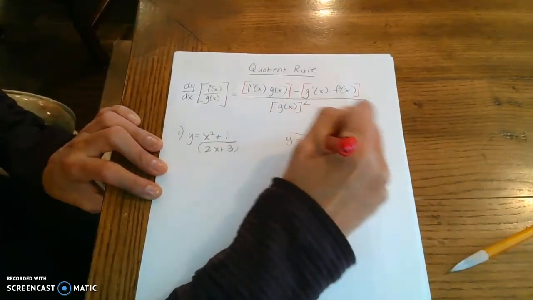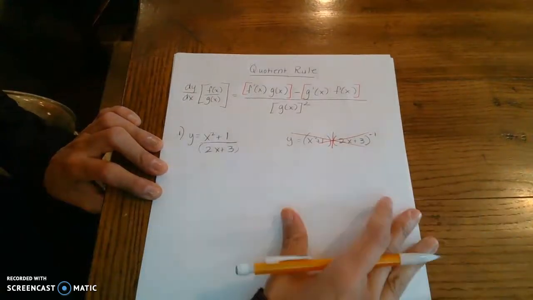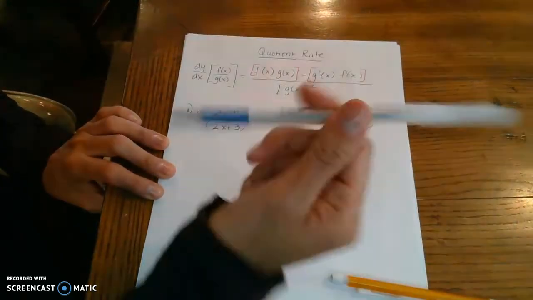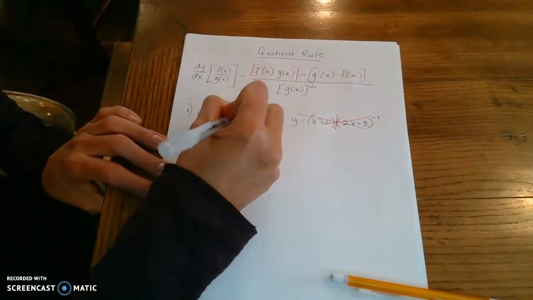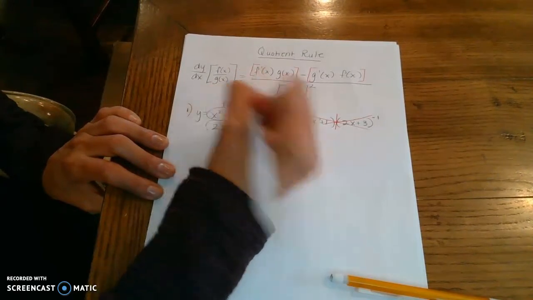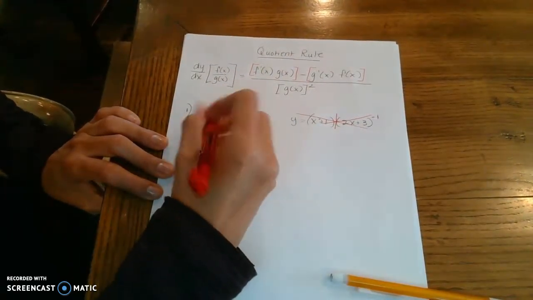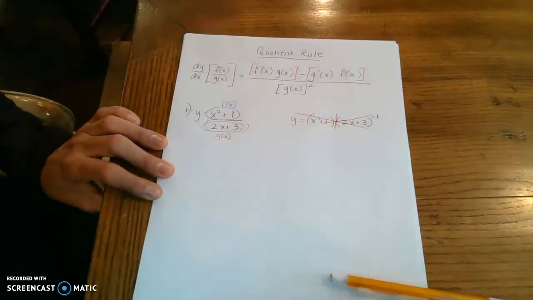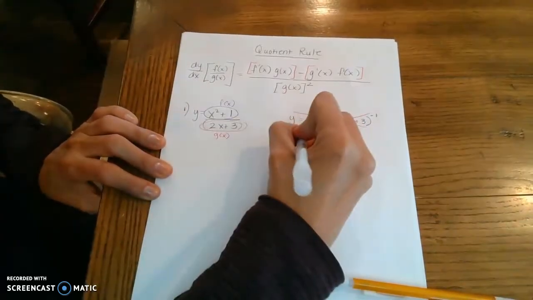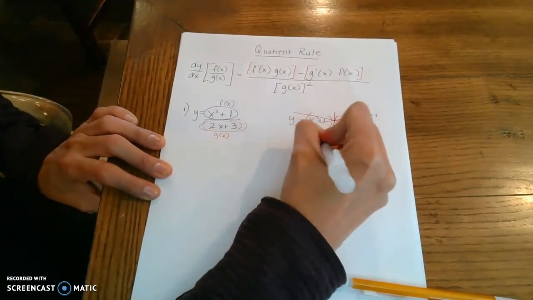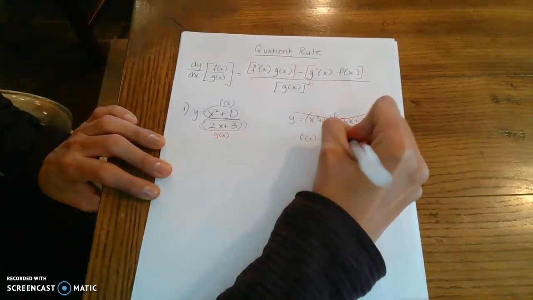So I'm going to cross this out, and I'm going to make my key like I've been making. I'm going to recognize that the top is what I consider f of x, or my first function, and the bottom is what I consider my g of x, my second function. So off to the side, I'm making my key. F of x, the first function, is x squared plus 1.